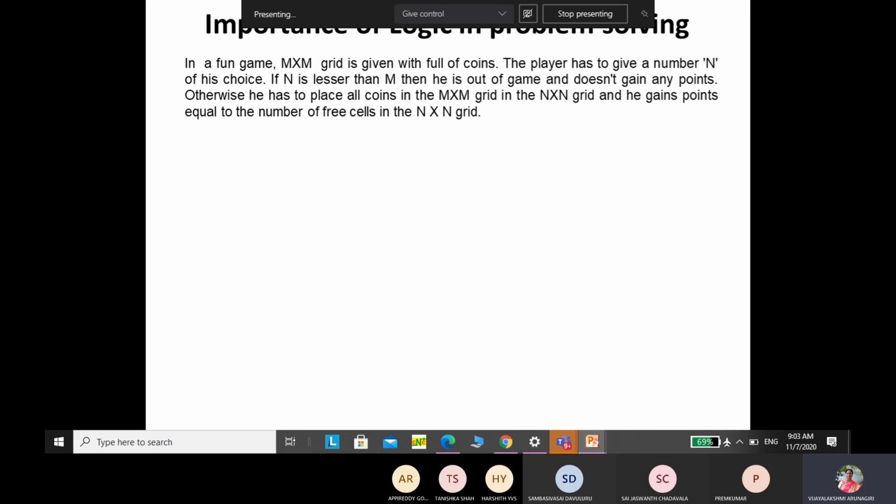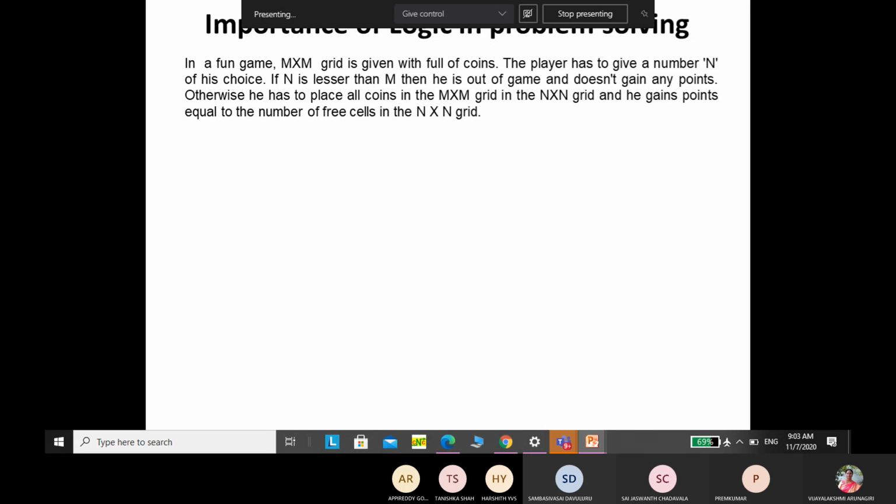Okay, have you understood? Ma'am, first we should get an input number n from the user. And then we should check if n is lesser than m. If it is lesser, then he's out of the game.